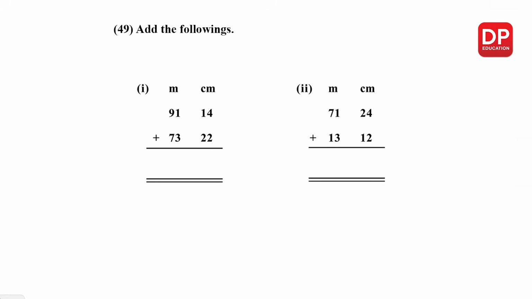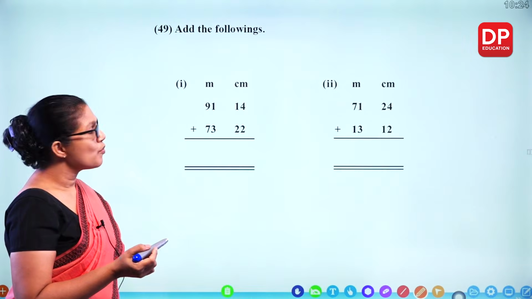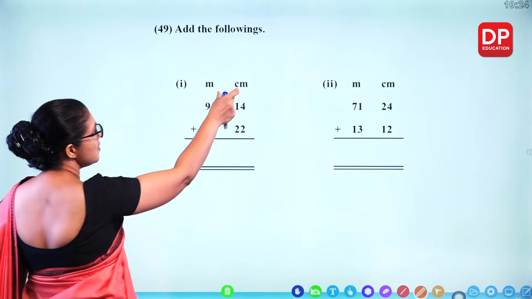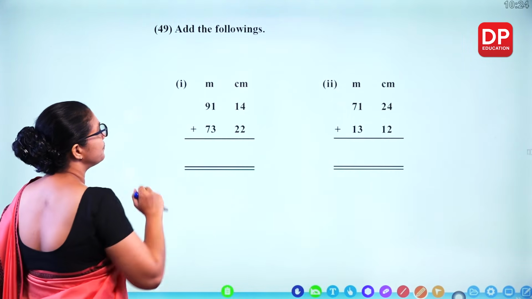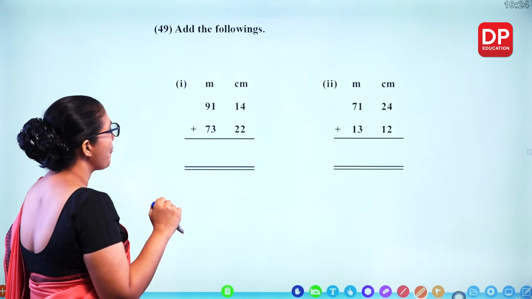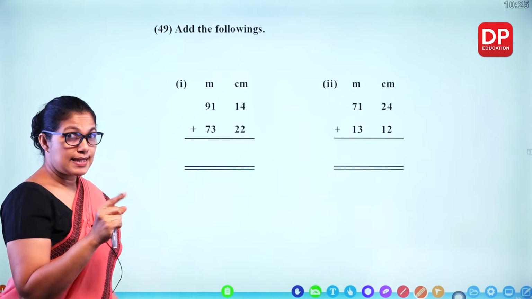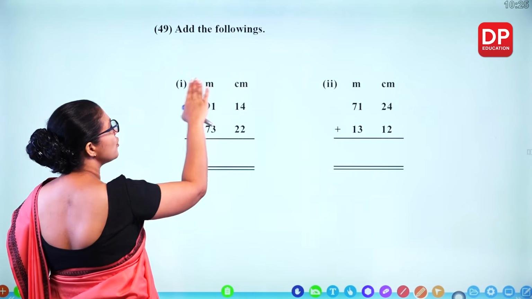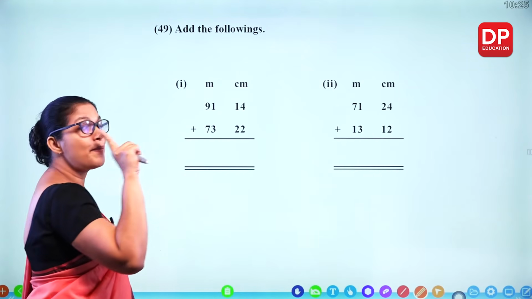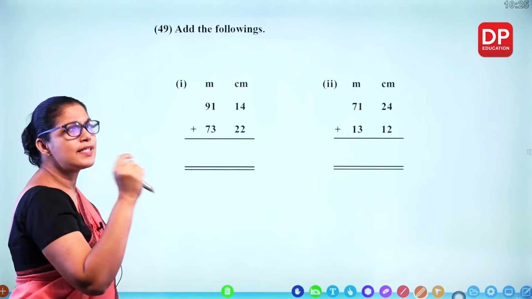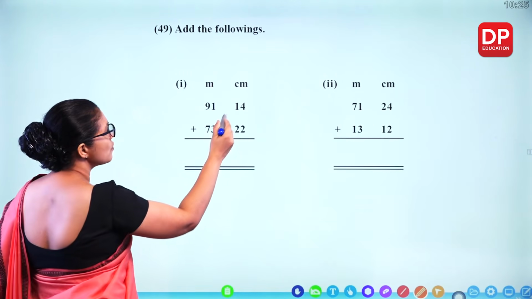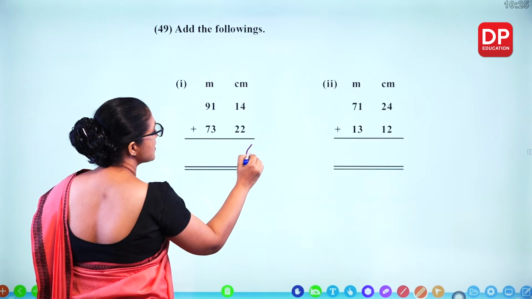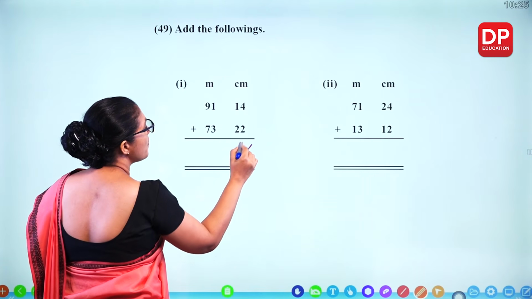Now we'll add centimeters and meters. When you are adding, it's easy to write in a column. So how do you add? You need to make sure that if it's 100 centimeters, you take that to meters as 1 meter. 100 centimeters, 1 meter. So we'll add 4 plus 2, 6. 2 plus 1, 3.